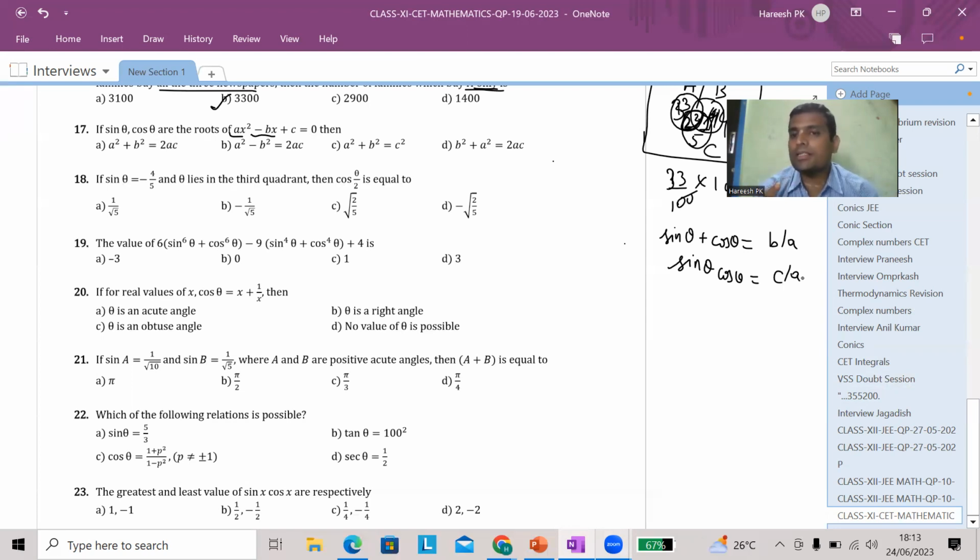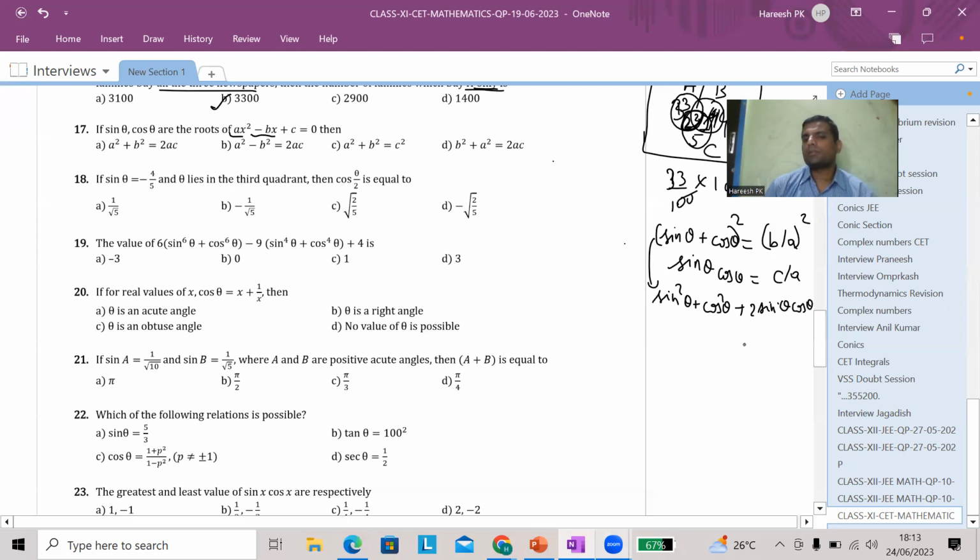Obviously, we know the identity sine square theta plus cos square theta is 1. So square this. So when you square this, you'll get sine square theta plus cos square theta plus 2 sine theta cos theta is equal to b square by a square. Now sine square theta plus cos square theta is 1.